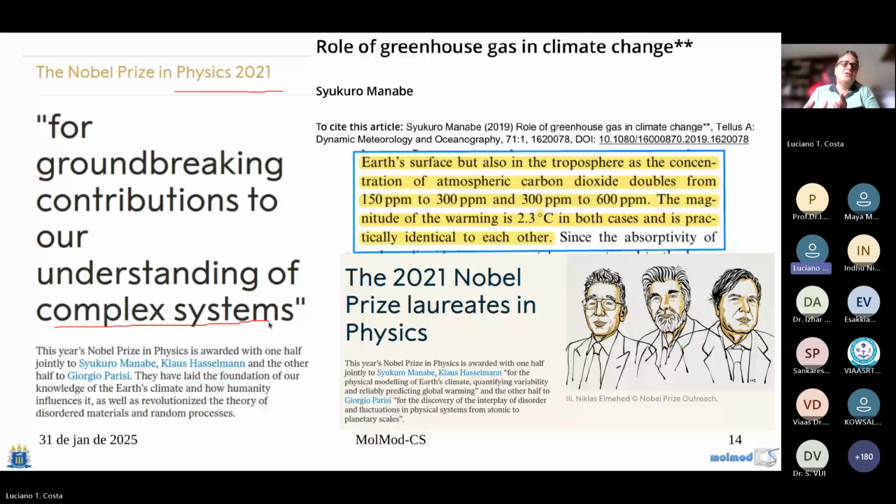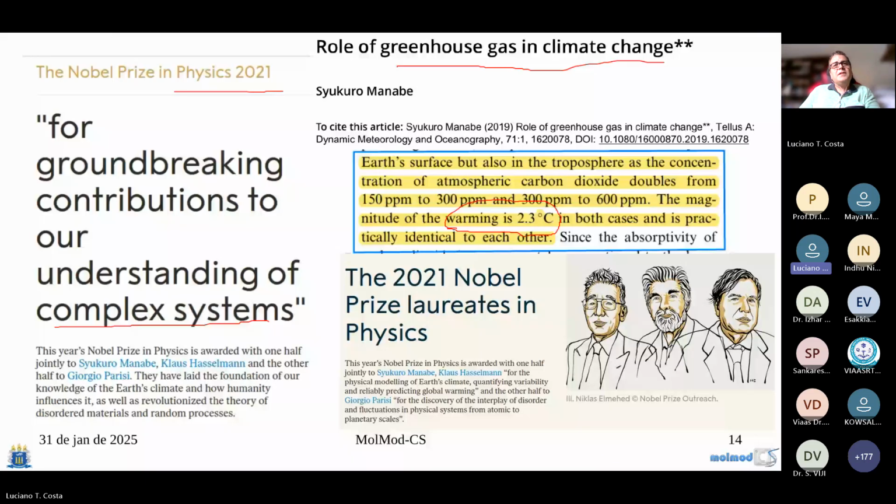So climate change and the emissions of gases into the atmosphere is a kind of complex system, okay? But these researchers over the years have shown the role of greenhouse gas in climate change, proving that this is real and the warming is occurring due to the increasing temperature of the planet, exactly due to greenhouse gas emissions.